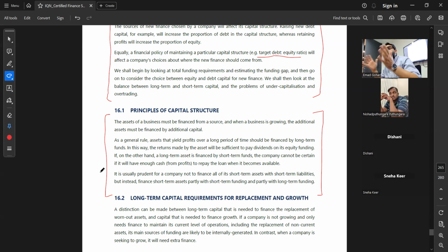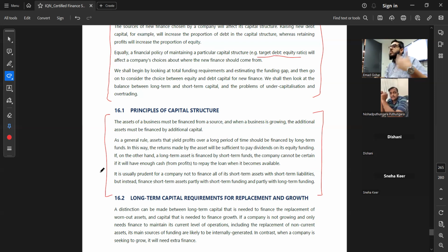This is called the maturity matching approach. My asset on one side is 15 years, my liability on the other side is also 15 years. So matching, good for me. You need to finance related assets with related debt. It will be easy for you.